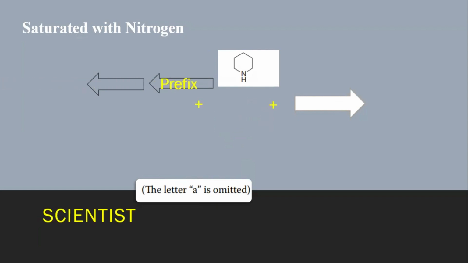Prefix, as we know, for nitrogen is aza. Stem, it is a 6 membering. What should the suffix be? Do you think that should be idine? Let's see it. It's ane.